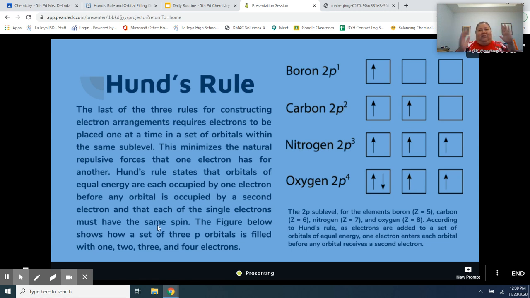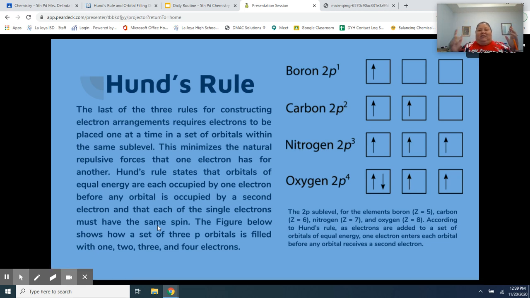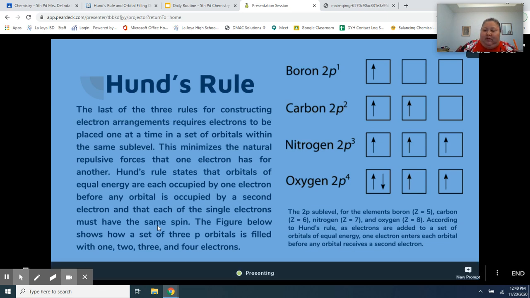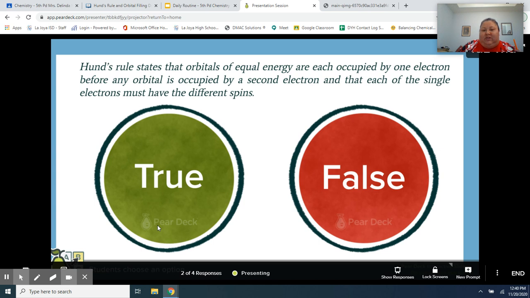Remember, if I got single electrons, Oscar, Alexia, America, they must have the same spin. All 3 of them have to point up. Be careful, guys. I tricked you.